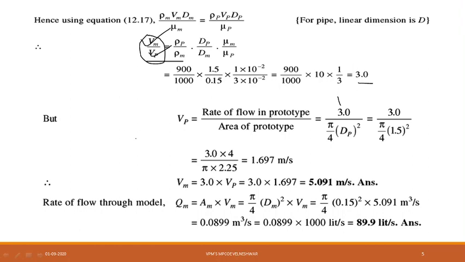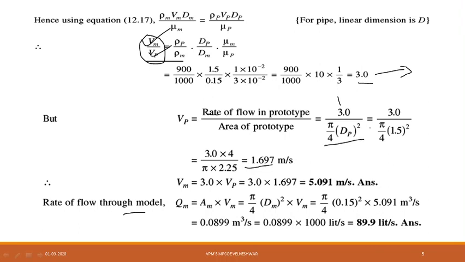This 3.0 is nothing but rate of flow, that is Vp is equal to, generally we are having one formula, discharge Q is equal to A into V. So what will be the value of V? Q upon A. In the same process I am taking here, that is 3.0 divided by, what is the formula for area, pi by 4 into dp square, same value I am taking here.